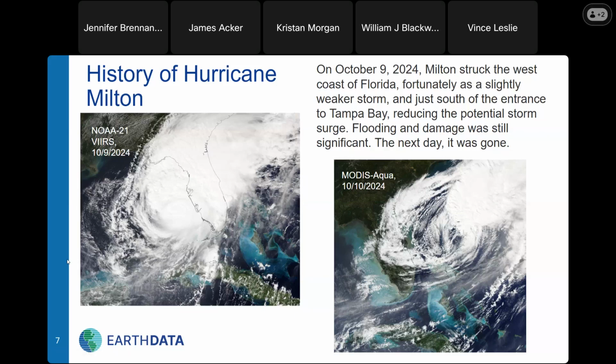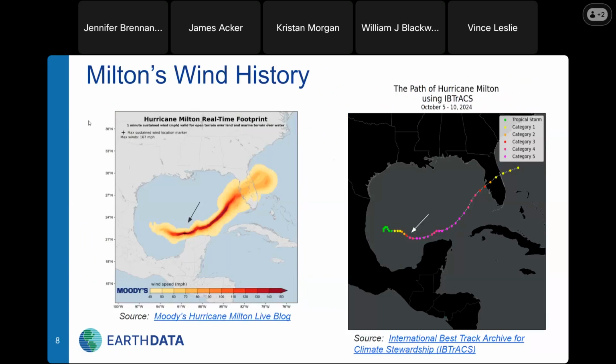So these are two plots showing the history of Milton in terms of its wind strength, its intensity. The plot from Moody's live blog shows the wind track and the width of the wind track. And you can see I'm pointing with the black arrow to where the peak intensity sustained winds of 167 miles per hour were seen.